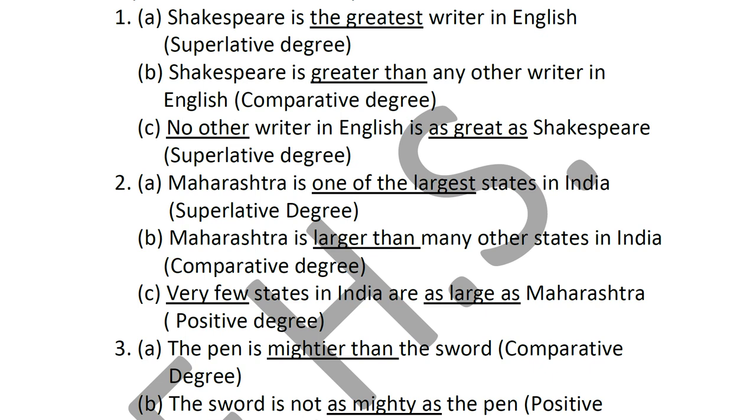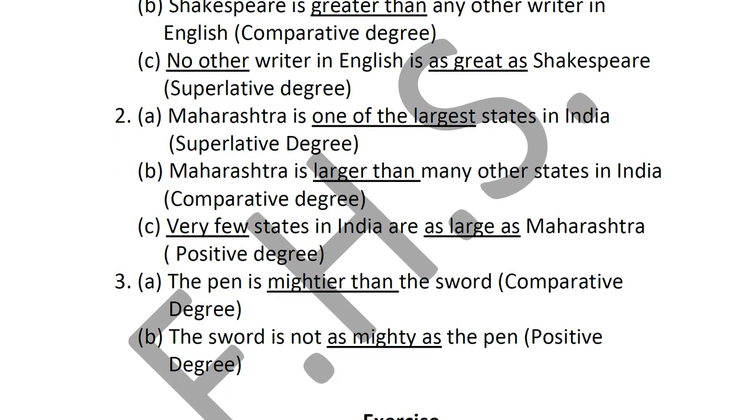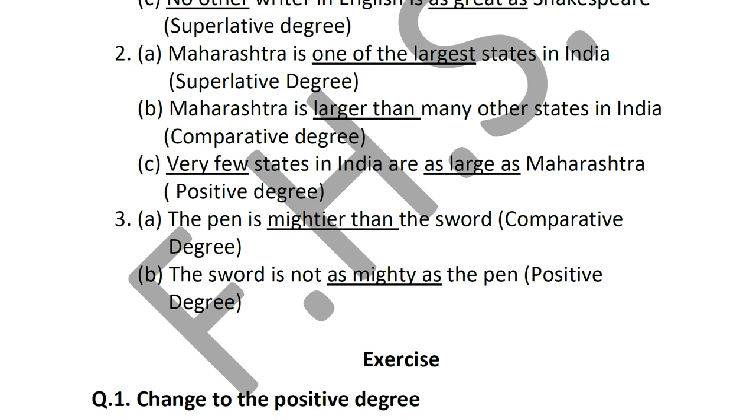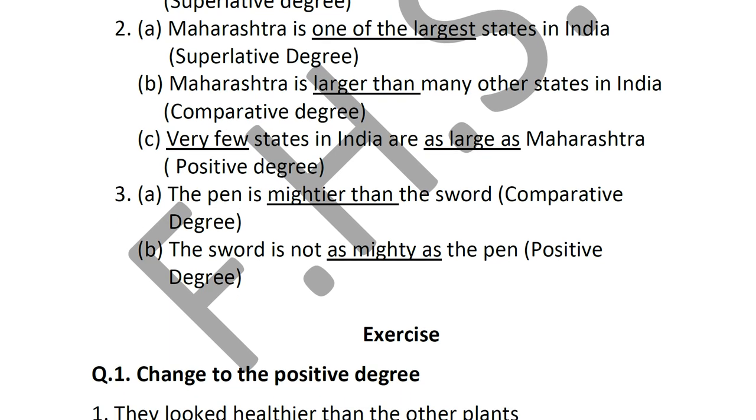That means he is the greatest. There is no one greater than him. Clear? There is no one greater than him. He is, you can say, sabse upar, topmost. Well, as in the second example, it is not that there is no other state greater than or larger than Maharashtra.